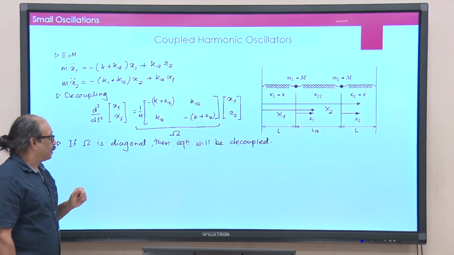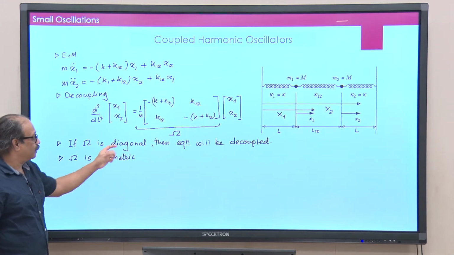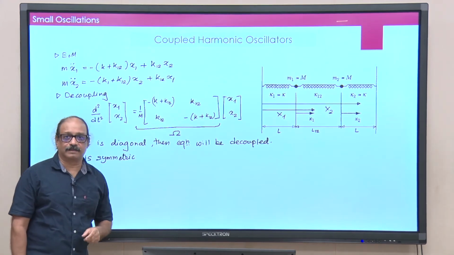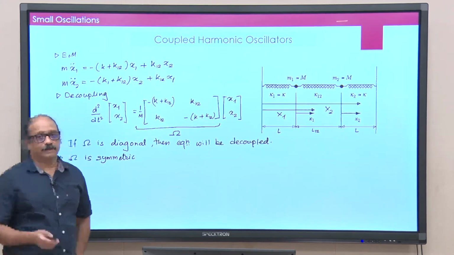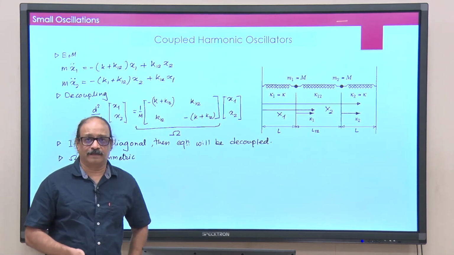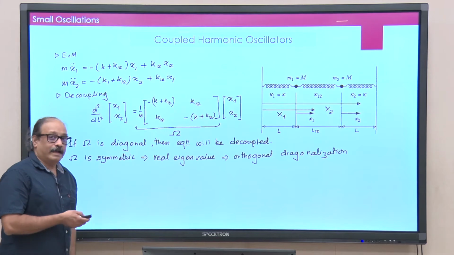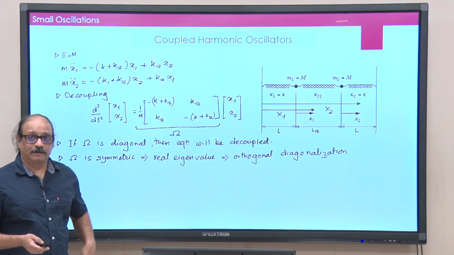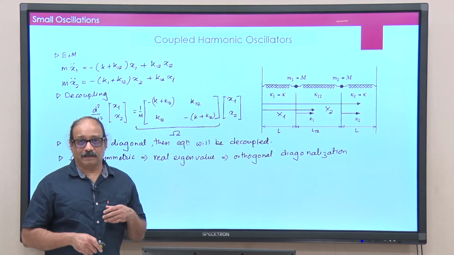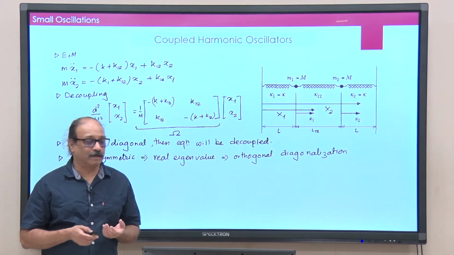Now, omega here you can see that this is a symmetric matrix, and if it is a symmetric matrix, we know it is fully diagonalizable with real eigenvalues, okay. And not only that, the diagonalization can be done using an orthogonal matrix.